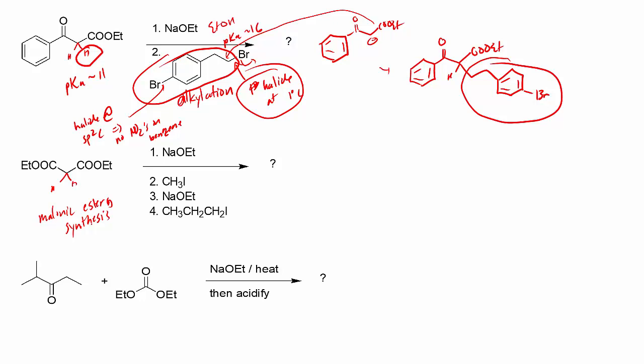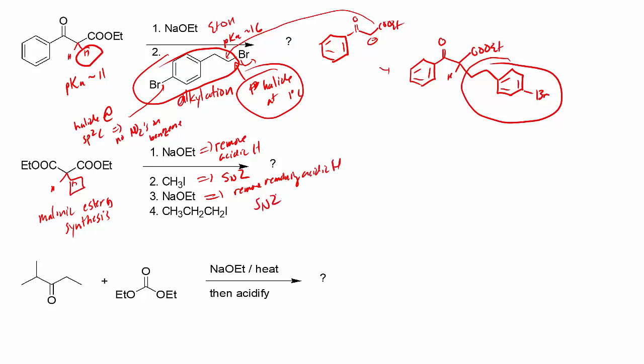Okay, so what happens here? Remove acidic hydrogen. SN2. Remove remaining acidic hydrogen.